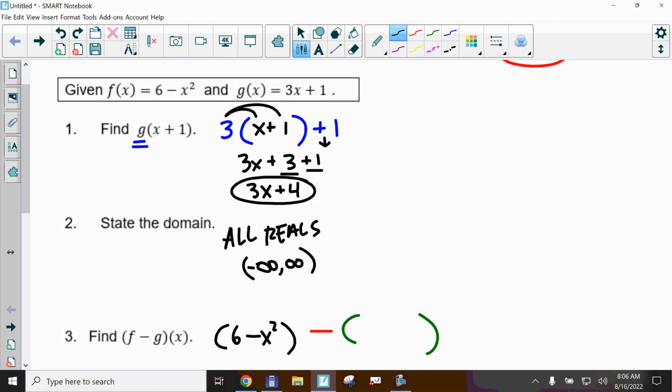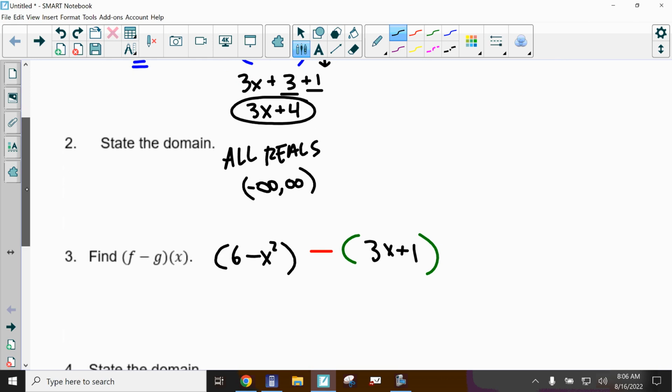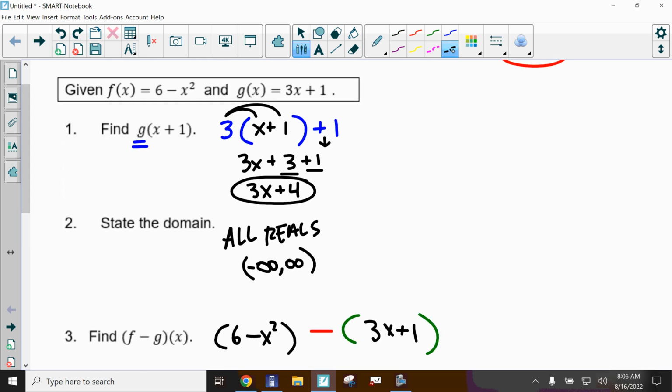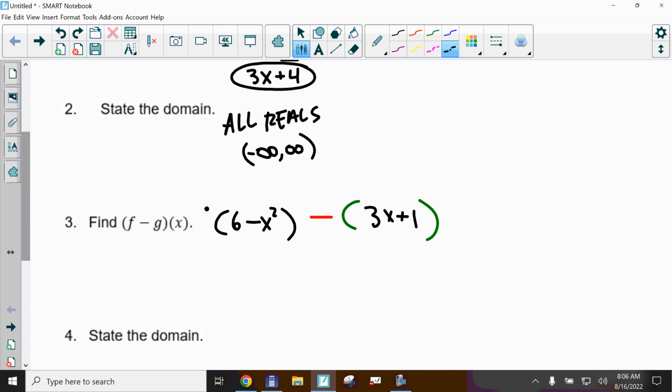And then the g of x problem is going to be 3x plus 1. Now this problem, it's got some numbers out in front that you can't really see. So we're going to put like an invisible 1 here and an invisible 1 here. And then we're going to use the distributive property. If I distribute a positive 1, this is 6 minus x squared. And if I distribute the minus 1, that's going to give me minus 3x minus 1.